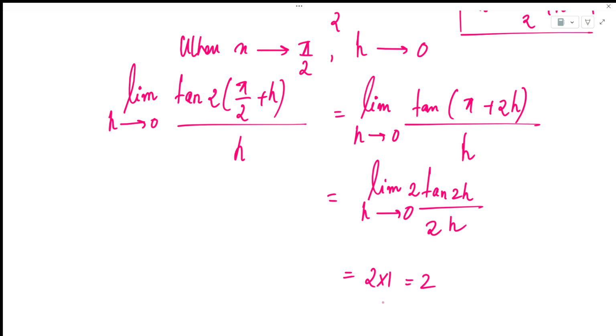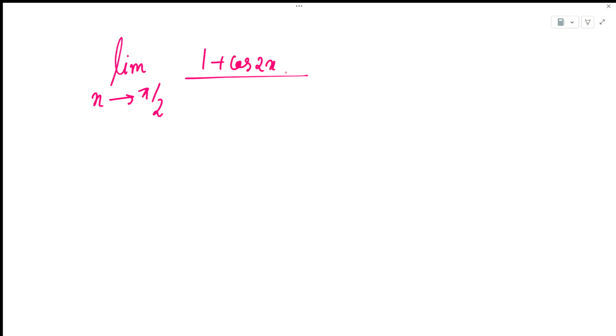Yeah, so if we take this question over here, let's say limit x tends to pi by 2, 1 plus cos of 2x divided by pi minus 2x whole square.